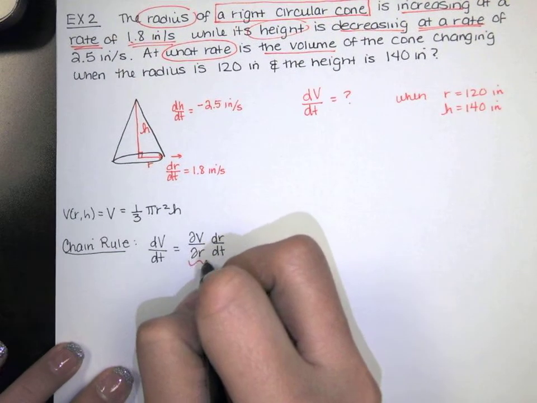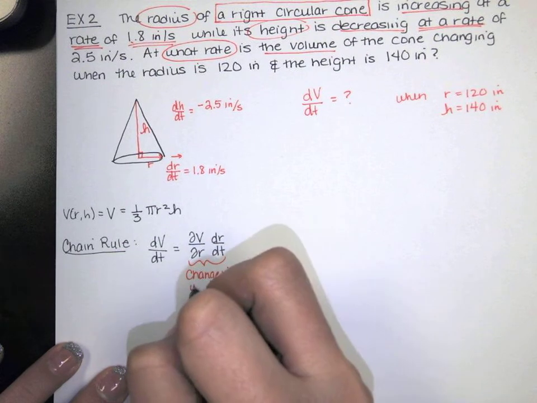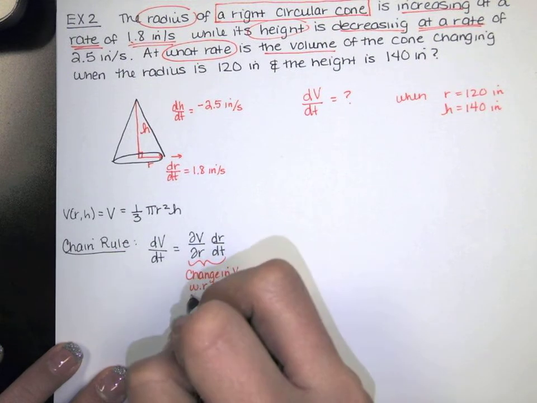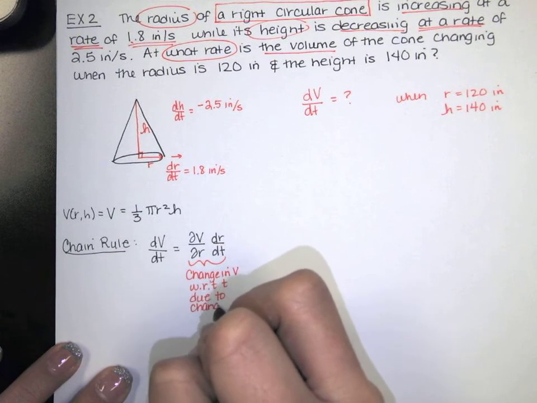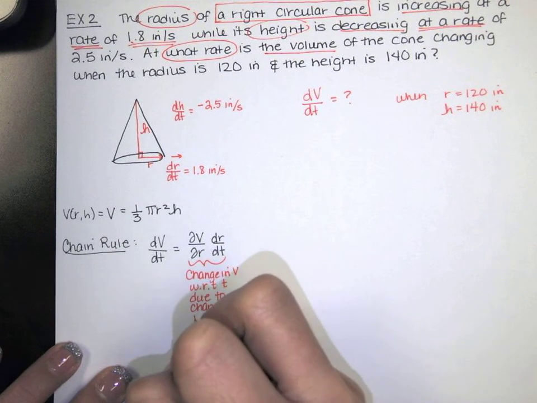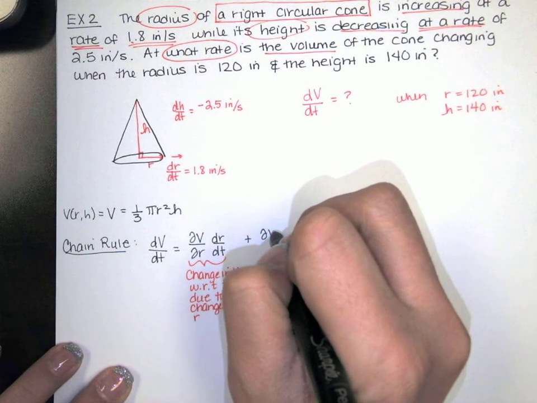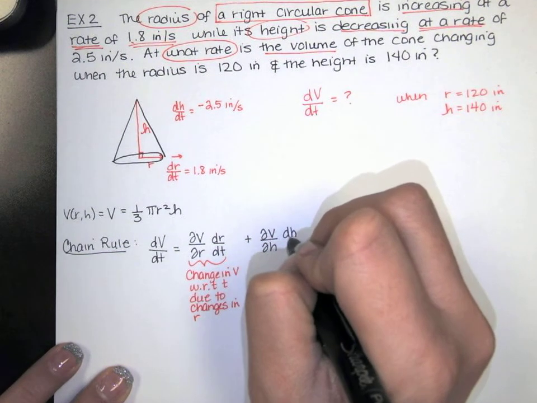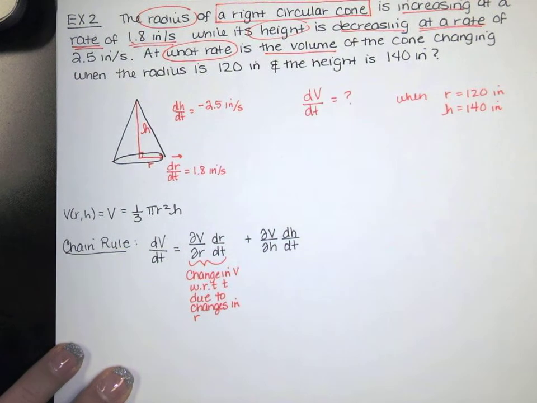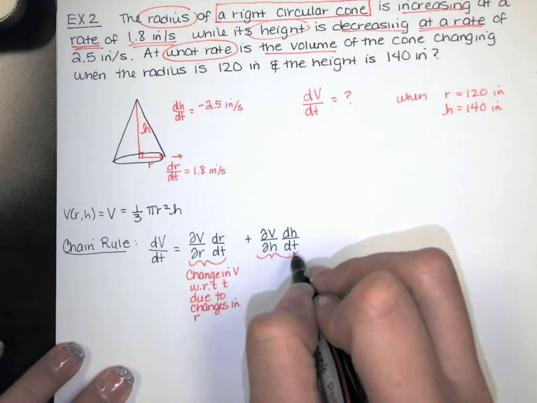So this is the change in volume with respect to time due to changes in the radius. And then I need to add to that the change in volume with respect to time due to changes in the height.